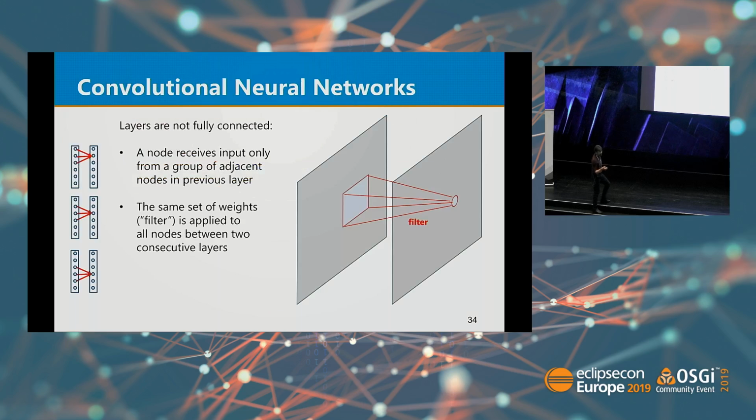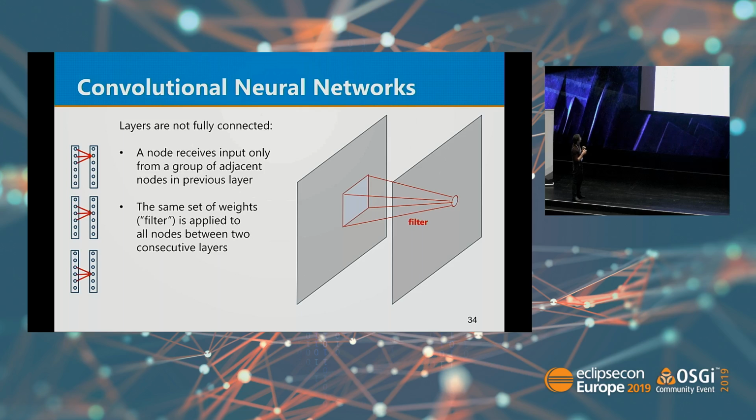Let's see another important kind of network, the convolutional neural network. The important point is that each node in a layer is not fully connected to the nodes of the previous layer, but only to a group of nearby nodes.